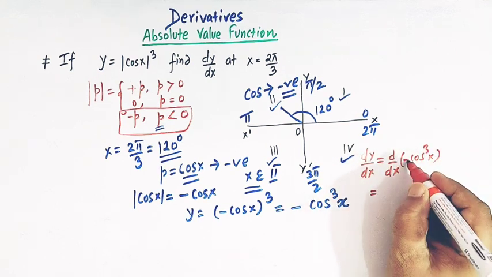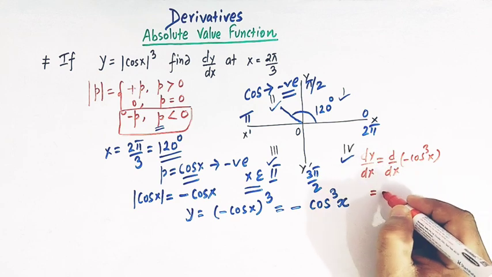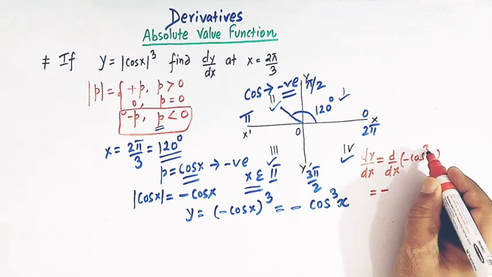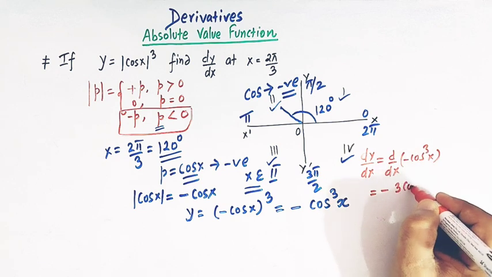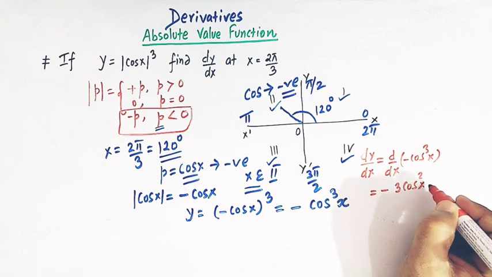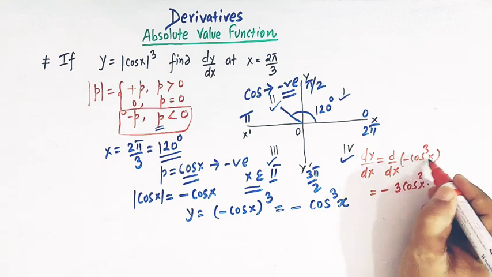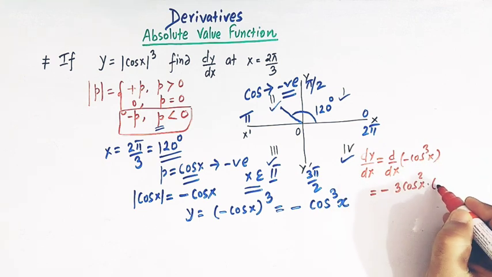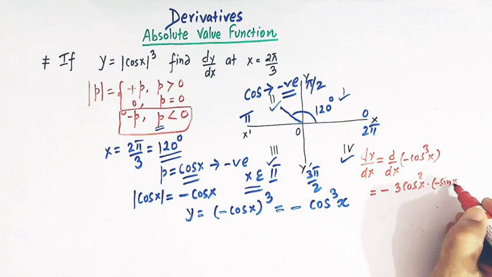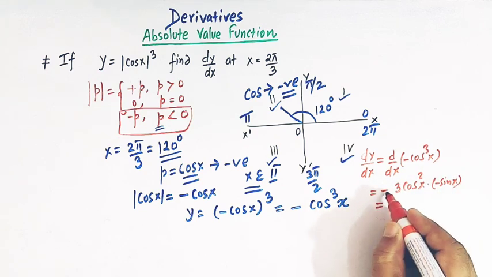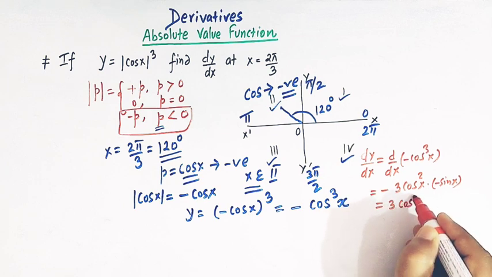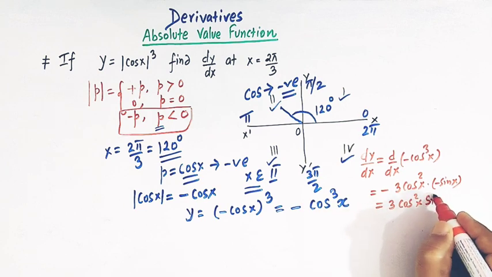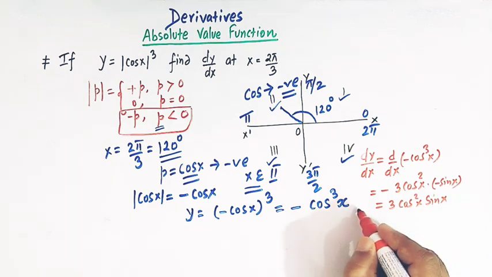We can take this negative outside. Then we have cos cube x, and the derivative is 3 cos square x, and then by chain rule the derivative of cos x is the negative of sin x. So negative times negative is positive, so we have 3 cos square x sin x. So this is dy over dx.